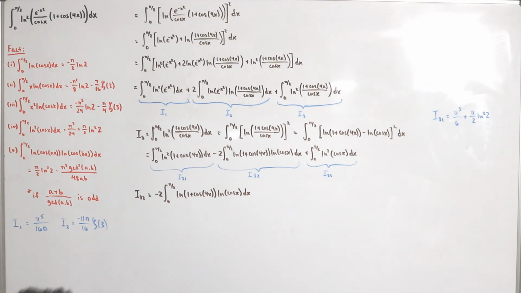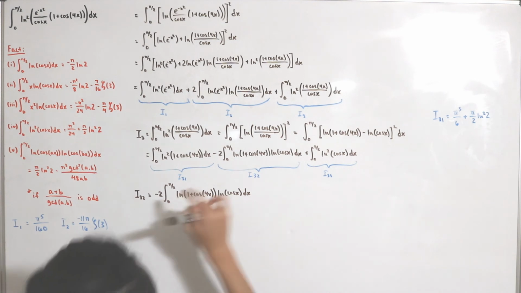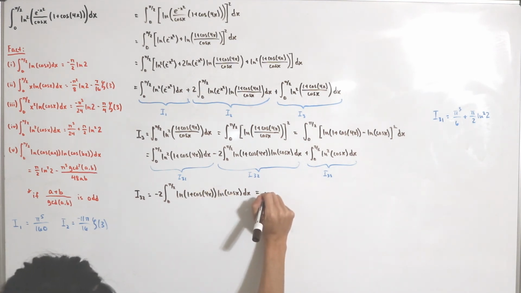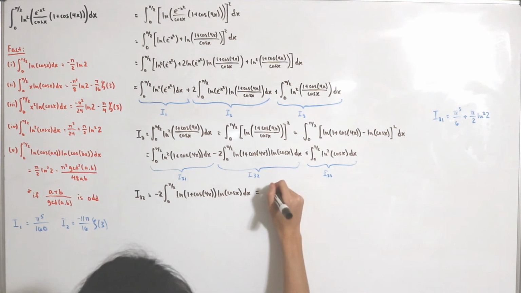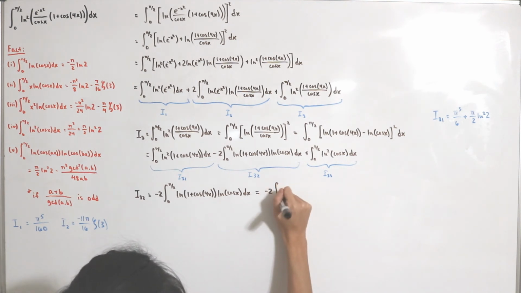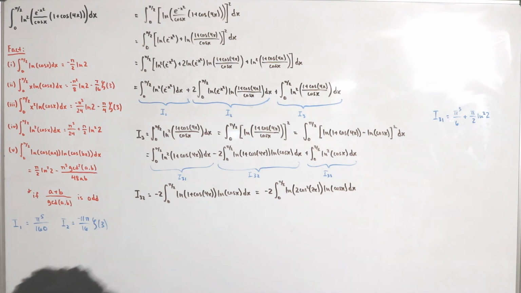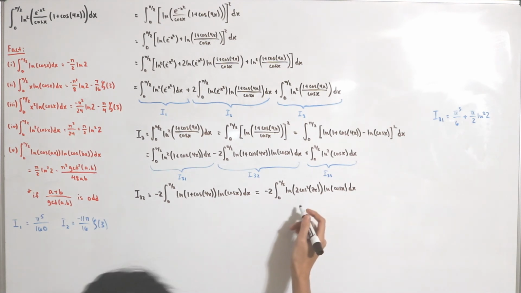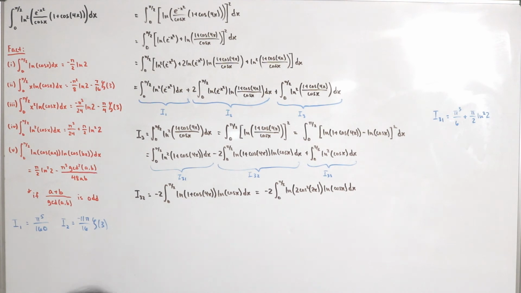Okay, so let's actually just replace our 1 plus cosine 4x with the trig identity, which is just 2 times cosine squared 2x. Okay, and then now we can use natural logs since this is a product, so we can write this as a sum of natural logs.